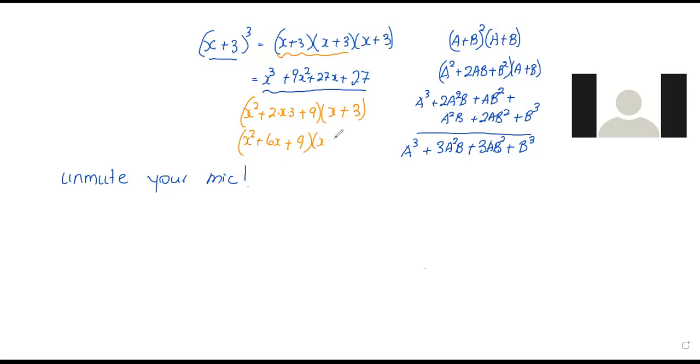Into x plus 3. X times that is going to be x cubed. X times that, 6x squared.